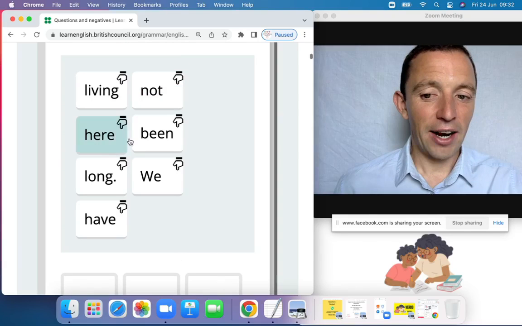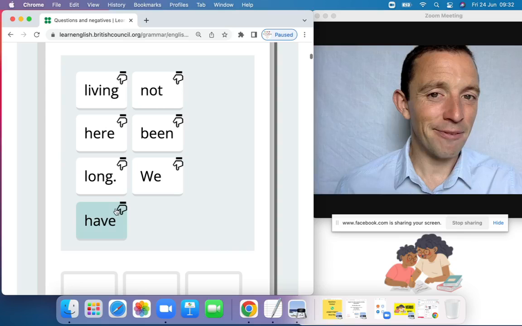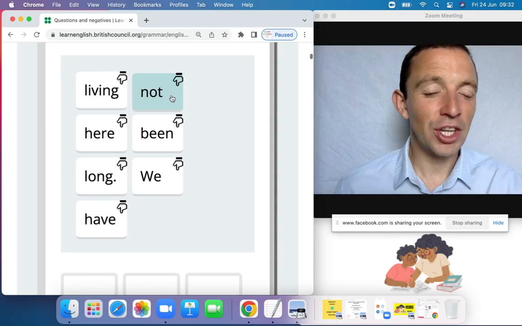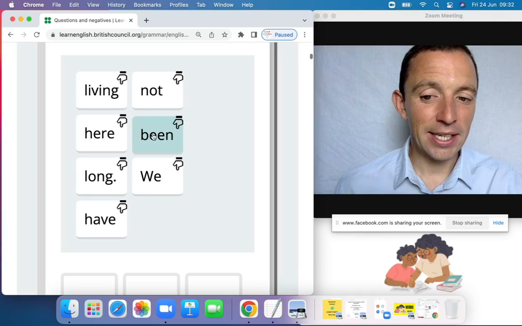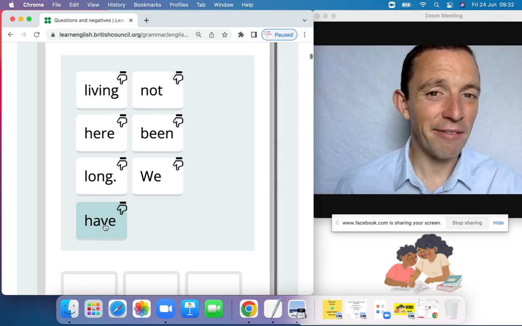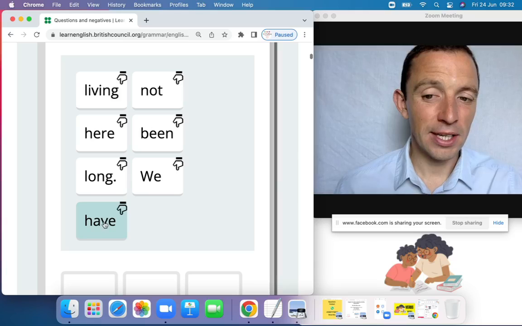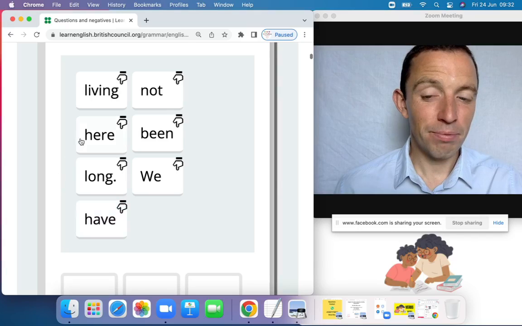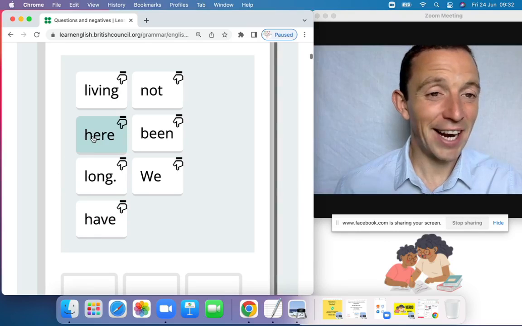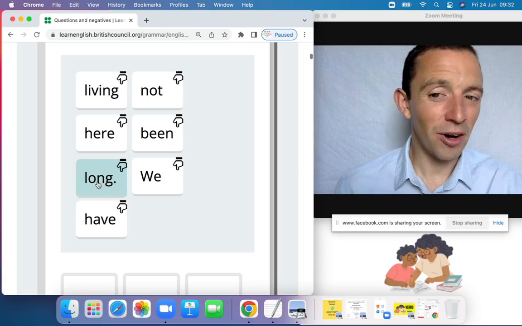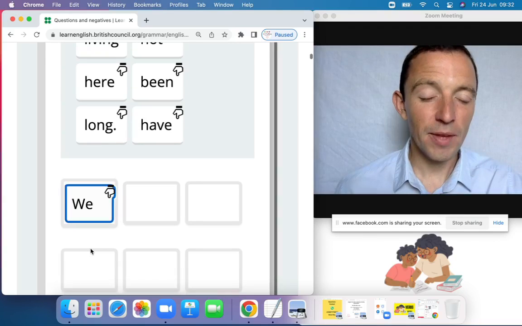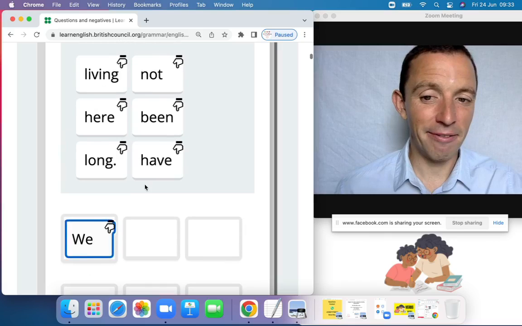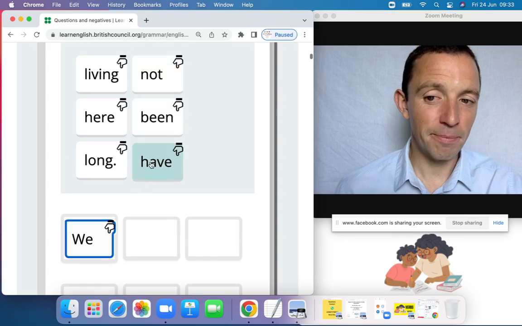Living, not, here, been, long, we have. Negative, not. Subject, we. Verb, been, living, have. We have 3 verbal forms. Location, object, here, and adverb, long. Okay, so the subject is we. The verb is have, not have been, living.